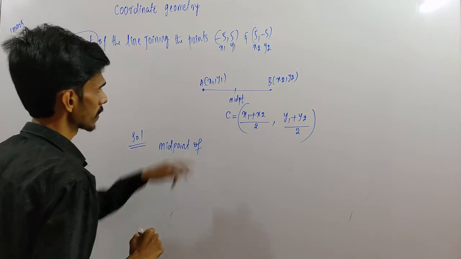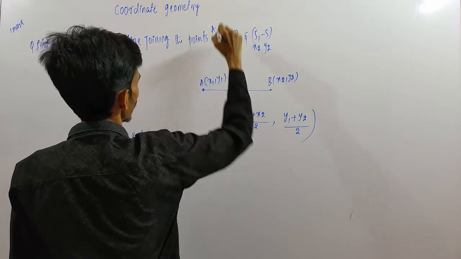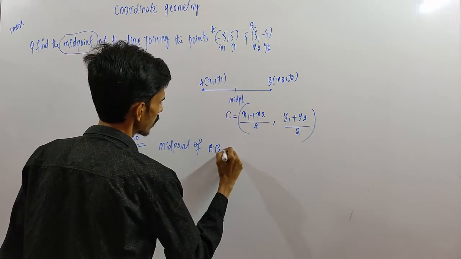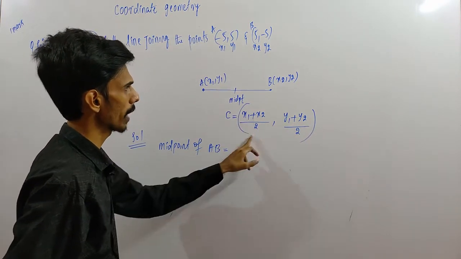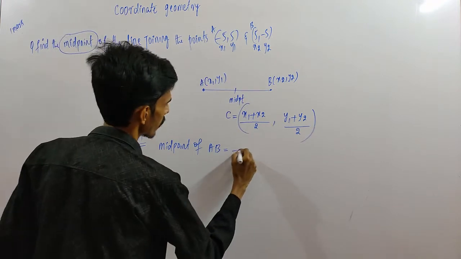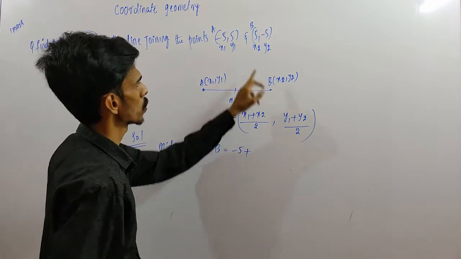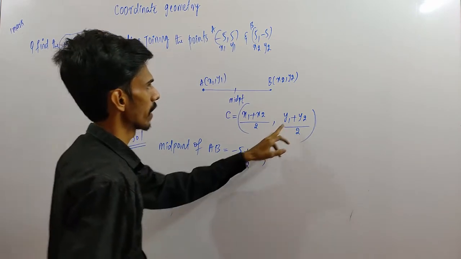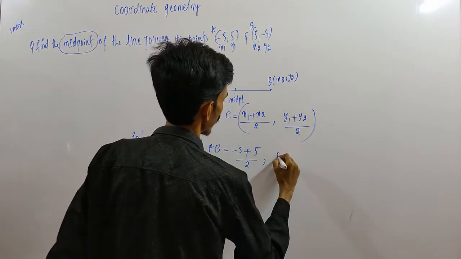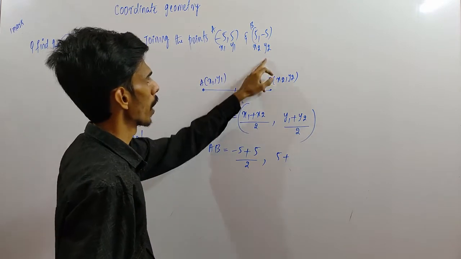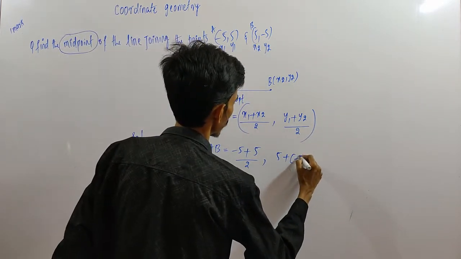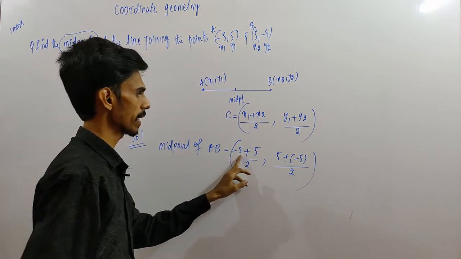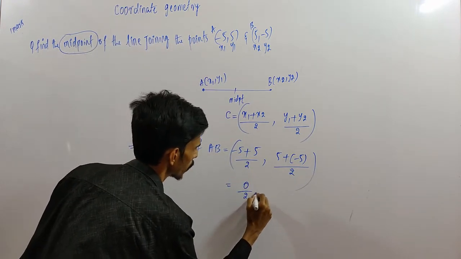Midpoint of, let us take this point as A and this point as B. Midpoint of AB is equal to (x1 plus x2) by 2. So x1 is minus 5 plus x2 value is 5 divided by 2, and y1 we have 5 plus y2 value is minus 5, take bracket by 2. 5 minus 5 we have 0 by 2.